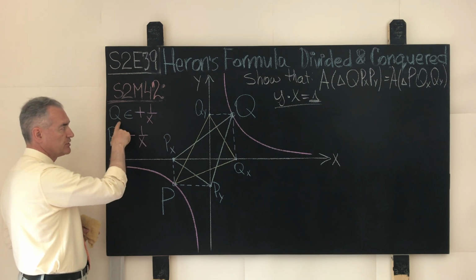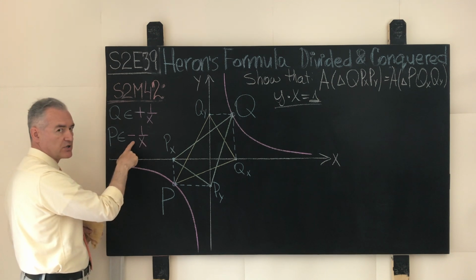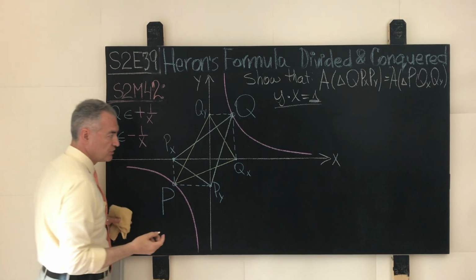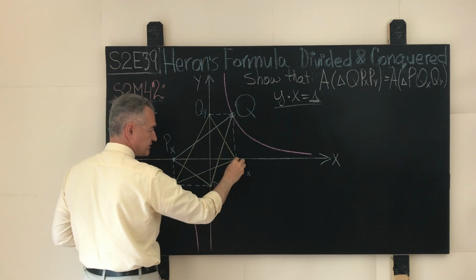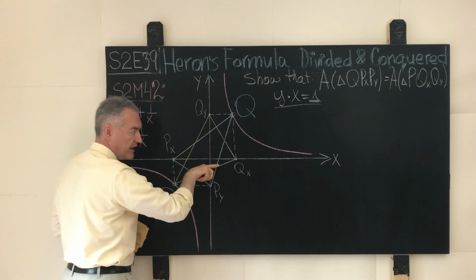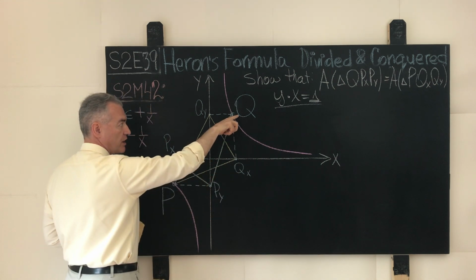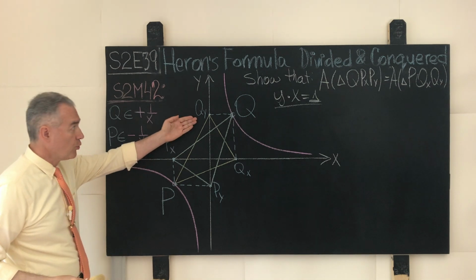The point Q is on the positive branch of the graph of the unit hyperbola, and the point P is on the negative branch. And then what we do is this. We project the point Q onto the x-axis to obtain the point QX. This is the x-axis projection of the point Q. And then we project orthogonally the point Q onto the y-axis to obtain the point QY.